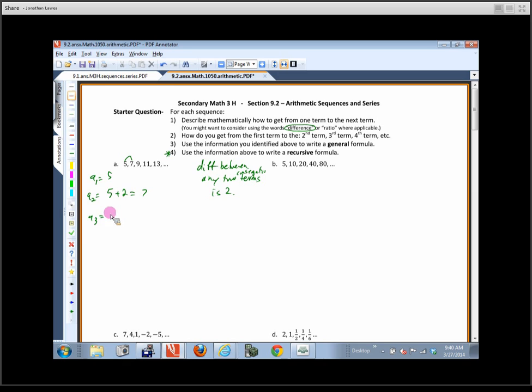So I'm going to take the first term and I have to add, remember, everything has to start from the first term. So I'm going to take the first term and I'm going to add 4, or let me write it this way. Is that okay? And I get 9. Okay, would you write down the one for the fourth term?